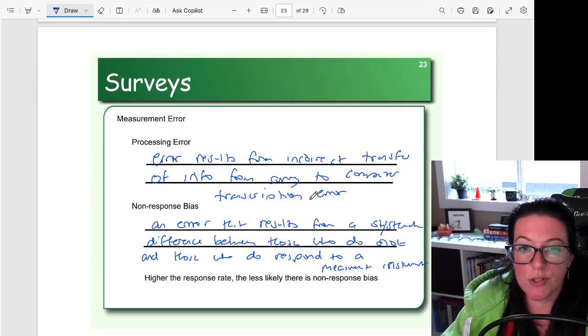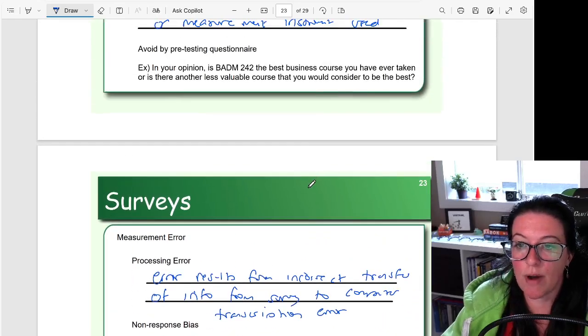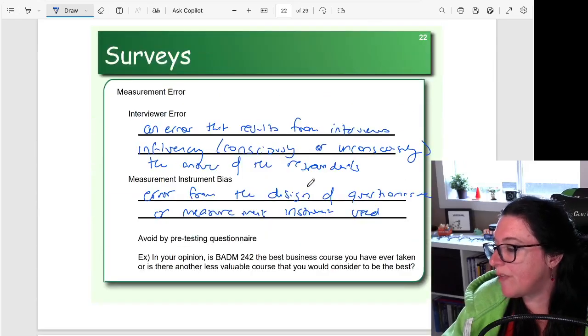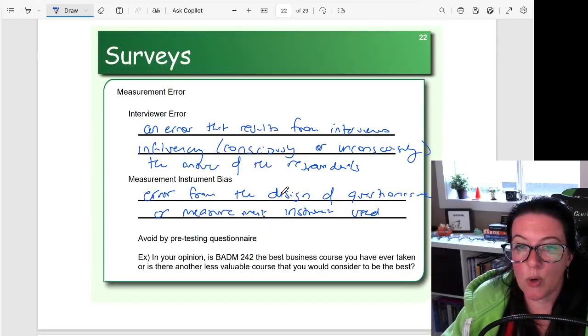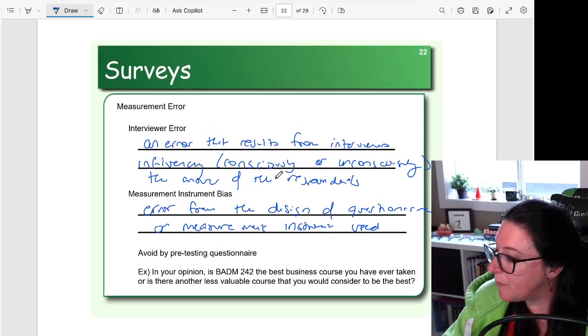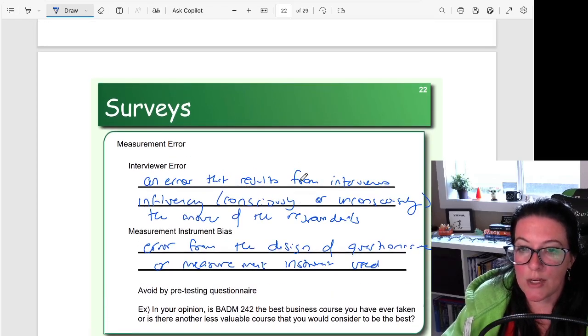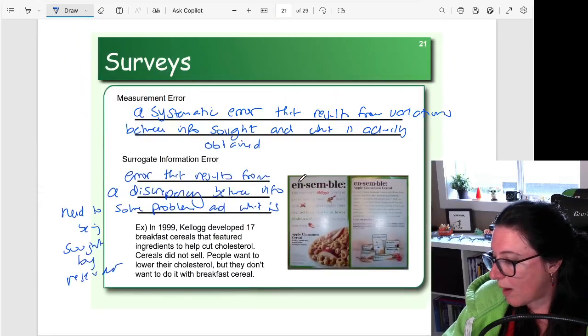We want to make sure there's no transcription errors. That means that we aren't capturing correctly what people intended in their survey. We want to make sure there is no bias in the instrument itself, in the design of our questionnaire or the measurement method we're using. And we want to make sure there is no bias created consciously or unconsciously where the interviewer is influencing the responses.